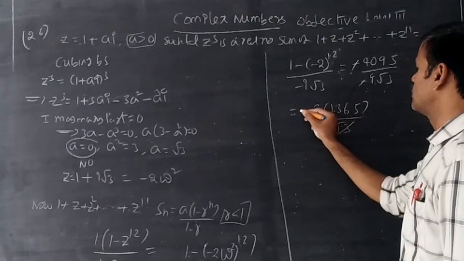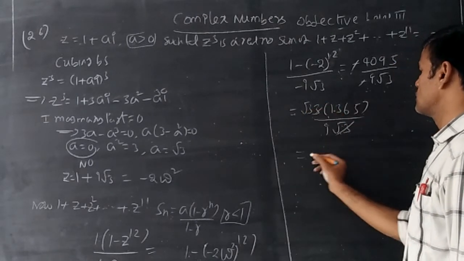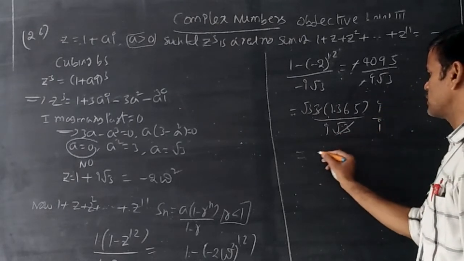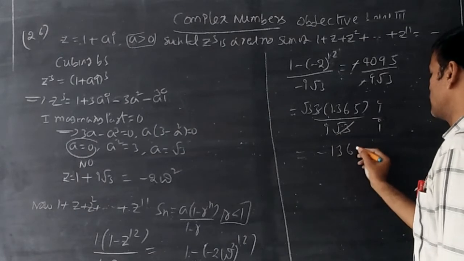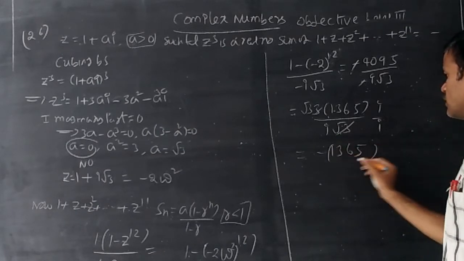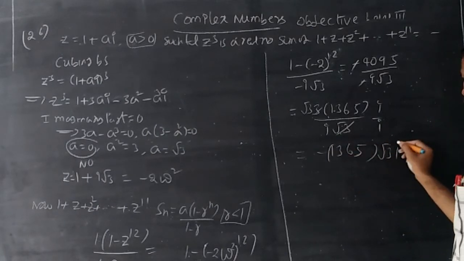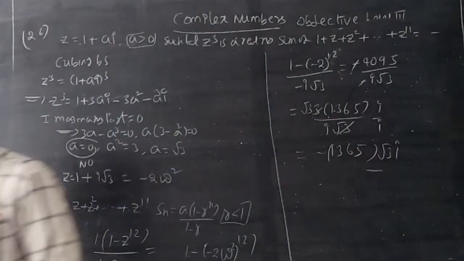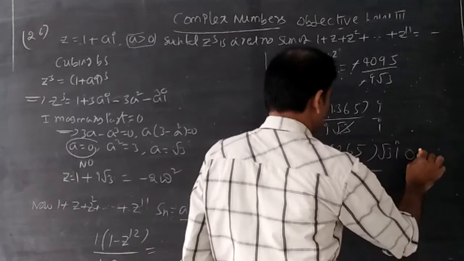Multiplying by i in numerator and denominator, i square equals minus 1, so we get minus 1365 into root 3 i. Yes, it is option 4.